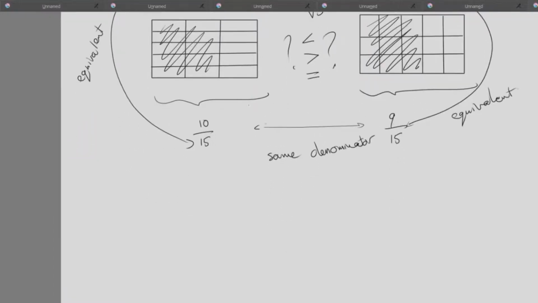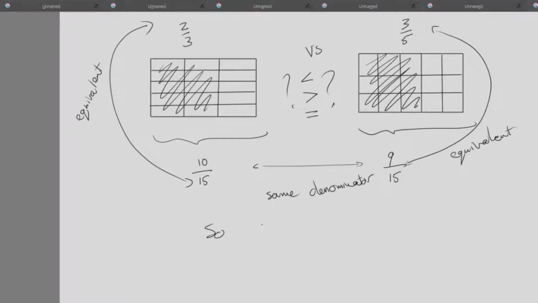Now I can clearly say, if I cut a loaf of bread into 15 pieces, I would have 10 on the left, but I would have 9 on the right, so the left one is greater. So 2/3 is greater than 3/5.